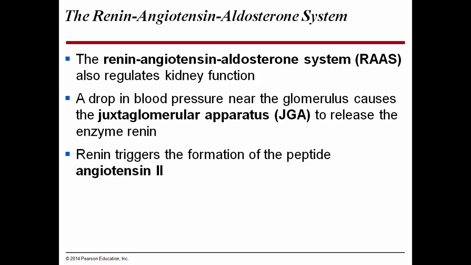Okay, this is the renin-angiotensin-aldosterone system. It also regulates kidney function. A drop in blood pressure near the glomerulus causes the juxtaglomerular apparatus to release the enzyme renin, and renin triggers the formation of the peptide angiotensin II.